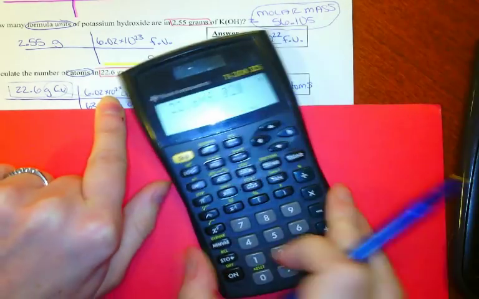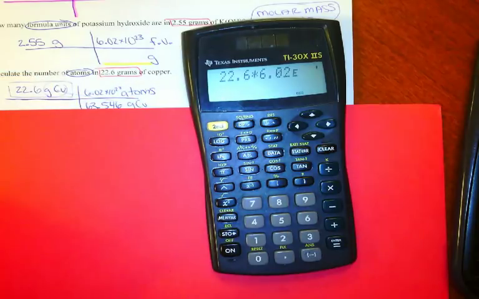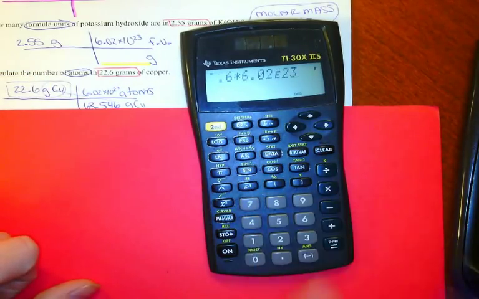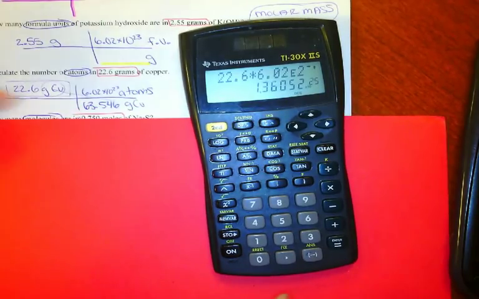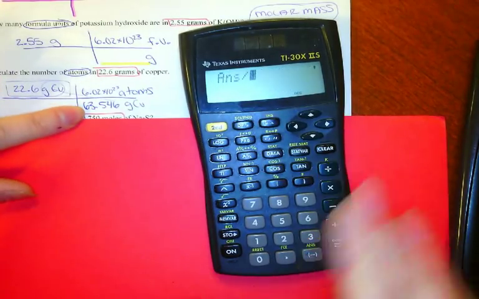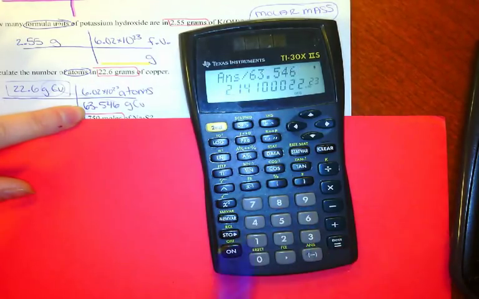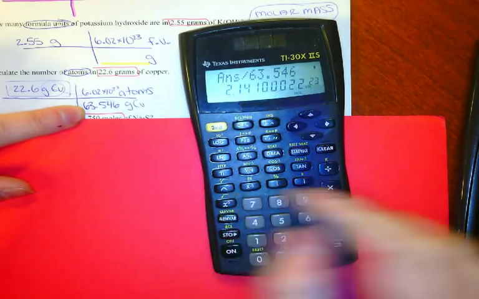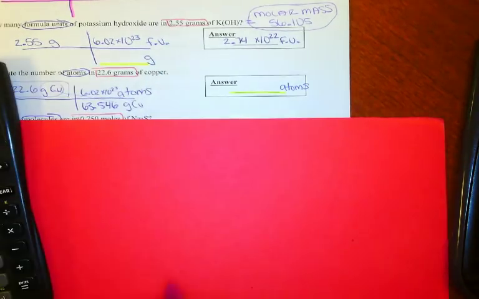But on my calculator, it's this yellow EE, so I have to hit second easy exponent, 23, and that enters it the same way. So there's my top answer, and then I need to divide it by what I have on the bottom. So divided by 63.546 gives me an answer of 2.14 times 10 to the 23rd power. Okay.